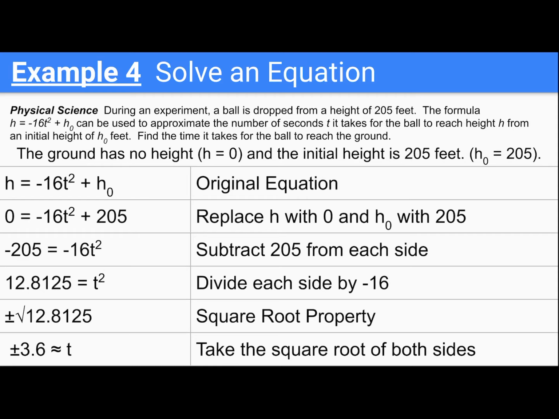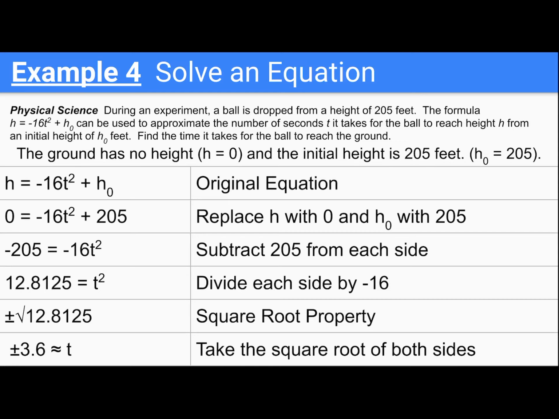Then I'm going to subtract 205 from both sides to get my t squared closer to being by itself. Then I divide both sides by negative 16. And then I think about my square root property. Anytime I square something, I have a positive and a negative answer. So I've got positive or negative 3.6.